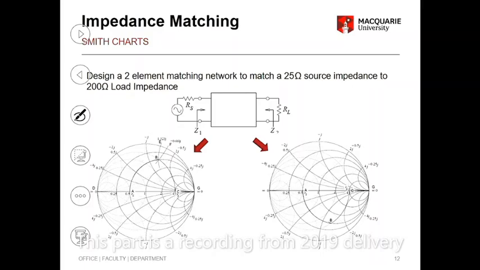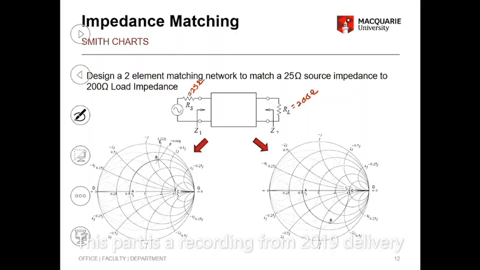So this is a question. This question is on designing a 2-element matching network to match a 25 ohm source impedance to a 200 ohm load impedance. So you have a source impedance of 25 ohms and a load of 200 ohms.